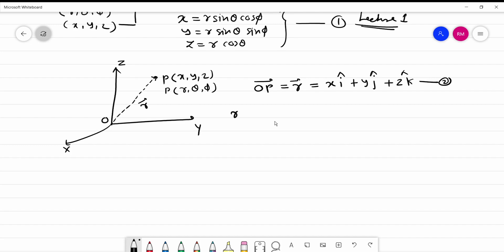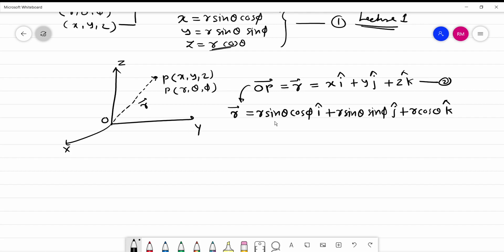So I can write r bar as: x is r sine theta cos phi i cap, then plus y, y is r sine theta sine phi j cap, plus z, z is r cos theta, r cos theta k cap.